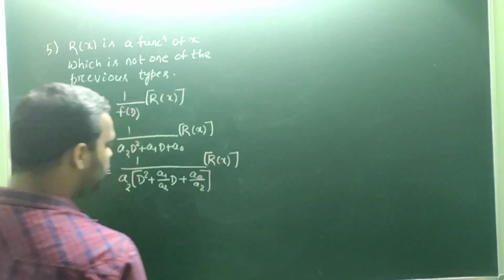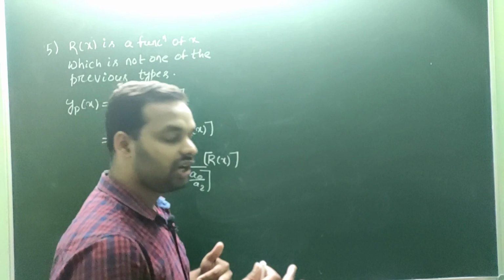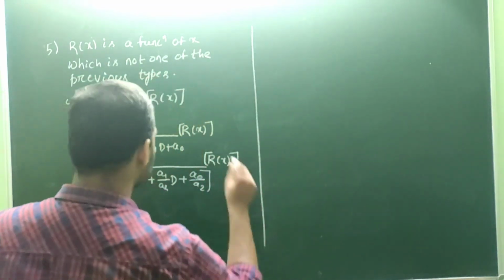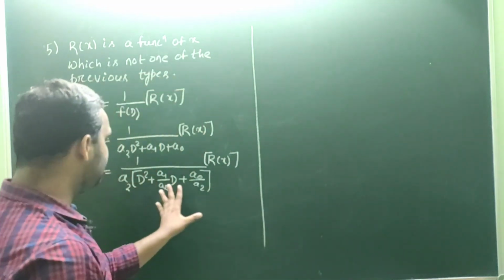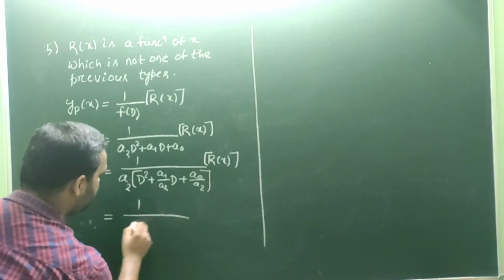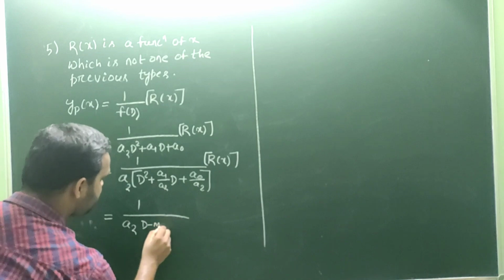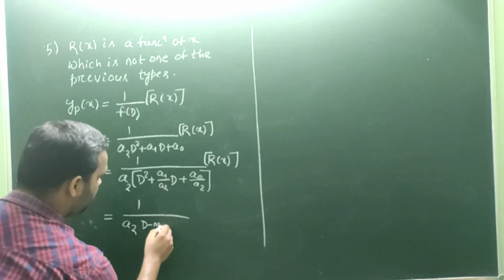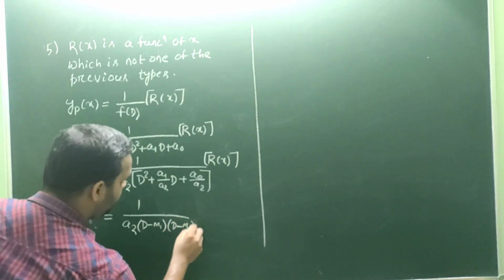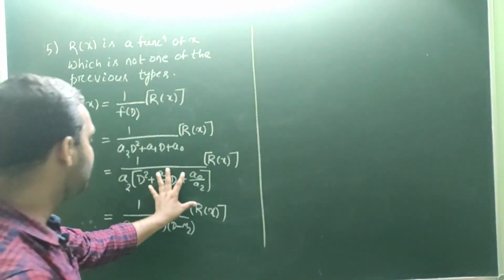So here we have to convert this 1 by this expression into partial fractions. If you don't remember partial fractions, let me tell you. Let's say after solving this, you will get 1 by a2 into (D minus m1) and (D minus m2) into r of x. Let's say by simplifying this, you get this.